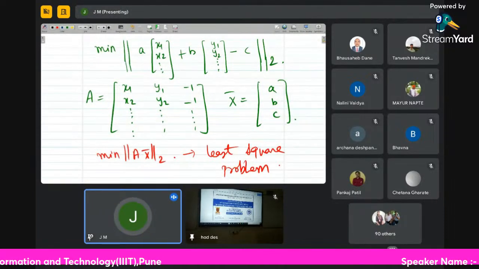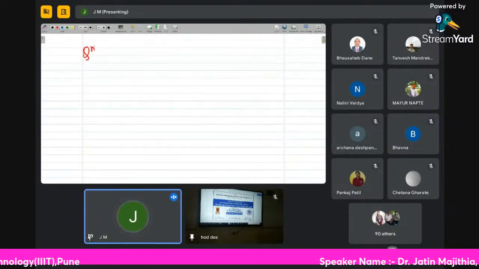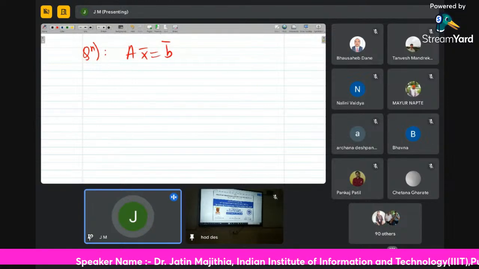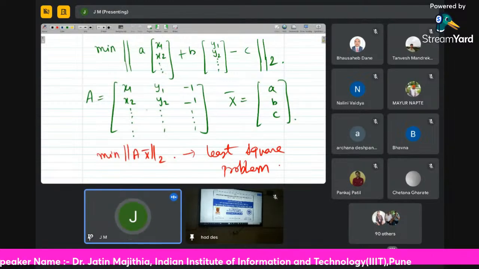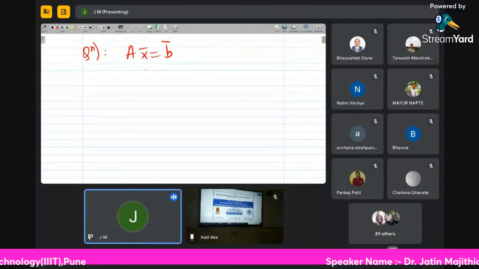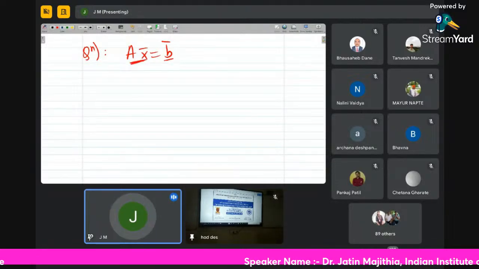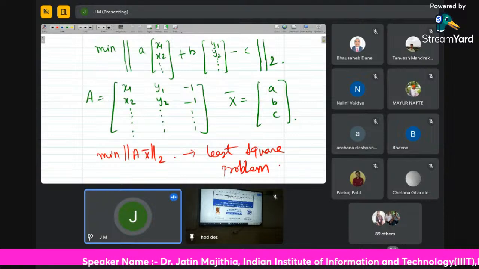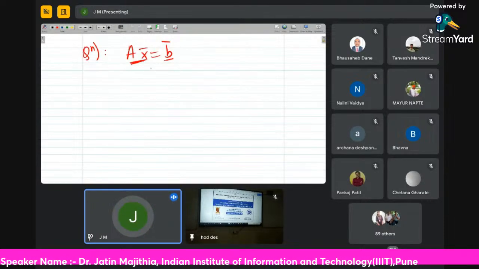So let me just formalize it. Here is the question for you. Suppose we have AX bar equal to B bar. A and B I told you already. You can take the right hand side as not an issue, close to the B bar. Last time the B bar was 0, my right hand side became 0. Need not be.